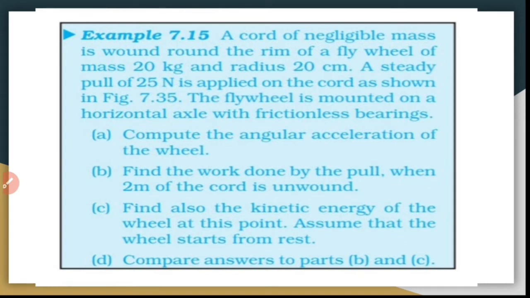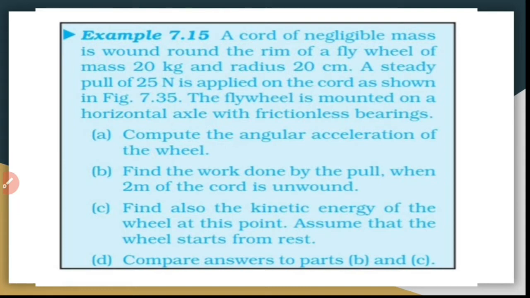So we are asked to find angular acceleration. How can we find angular acceleration? Angular acceleration is alpha. To find alpha, we can write torque first. We know the expression for torque from the definition: torque tau equals R cross F. Here force is acting tangentially to the periphery of the flywheel, so tangent and radius are perpendicular to each other.